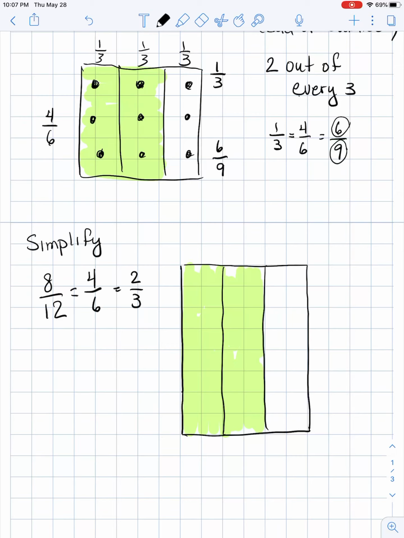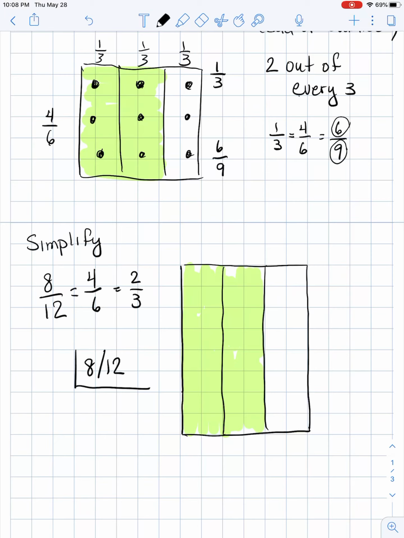Now, we simplify fractions a lot when we do math, but we don't want to always draw a model. That's kind of ridiculous. So there's an easy way to do this, and we call it upside down division. And here's how it goes. I have a fraction 8/12, and I want to simplify it. The first thing I notice is that it has common factors, and that's how we know we have to simplify.